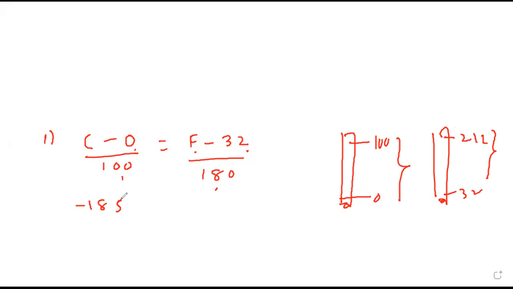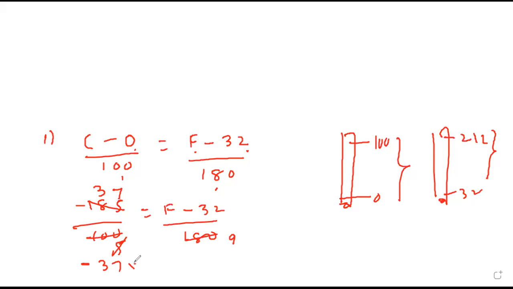So C is minus 185 upon 100. F you have to calculate in Fahrenheit. Minus 32 upon 180. 20 into 5, 20 into 9. I can cancel this also by 5. 5 into 3 is 15. 5 into 15, remember 3. 735. So minus 37 into 9 equals F minus 32.